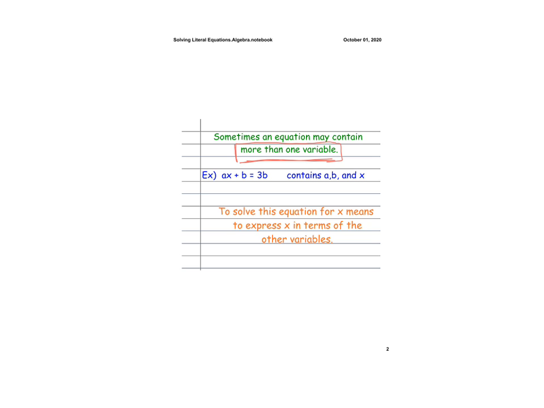It doesn't change the way we do anything. It just changes the way our answer looks. So in this example here, it says ax plus b equals 3b. So it has three different letters, an a, a b, and an x, three different variables. So to solve this equation for x, okay, just means get x by itself the same way you would do with numbers.